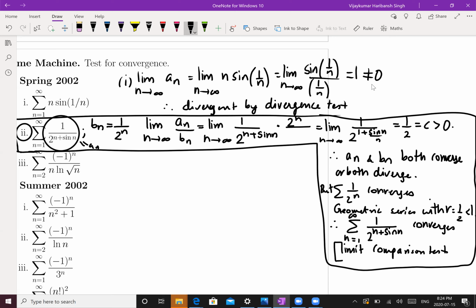This can be written as summation n equals 2 to infinity (-1)^n bn, with bn equals 1 upon n ln square root of n. And I would like to simplify that. So that's going to be 1 upon n times half ln n, which can be written as 2 upon n ln n.